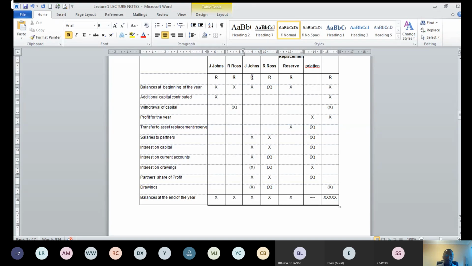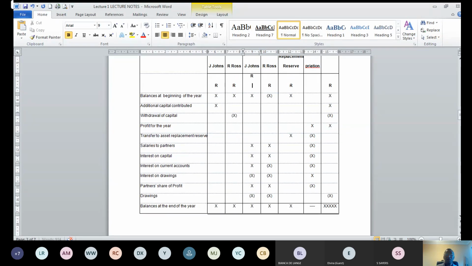Let us just speak about the balances now. Remember now, a current account can have a debit balance or a credit balance. So if the partner has got a credit balance, it is a positive balance.